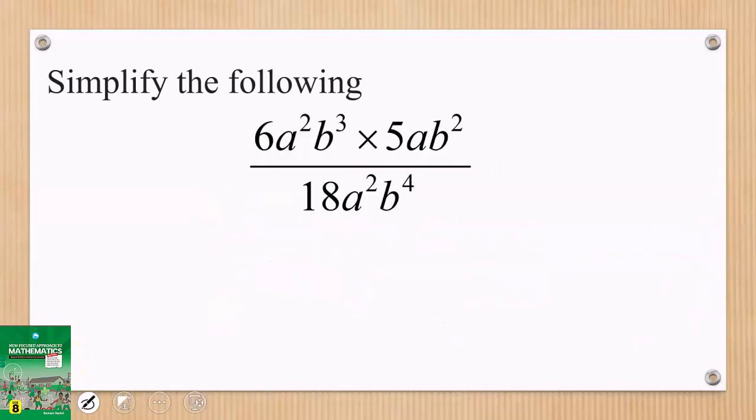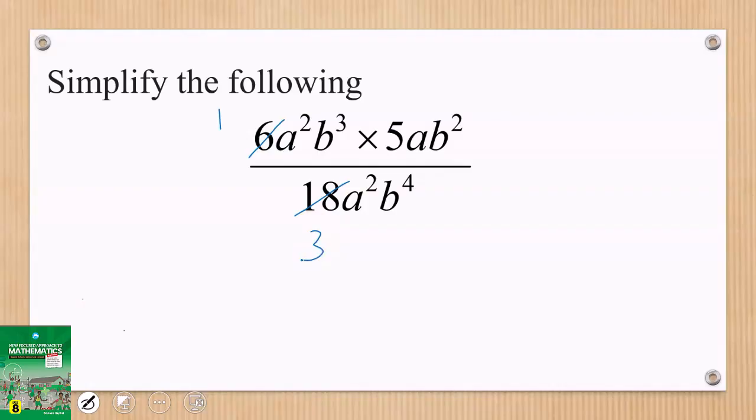Now let's take this last question. Here they've arranged it for us in a division format, so I will suggest we see where we can cancel or where we can multiply. Now I can see that 6 can divide itself as 1, and 6 can divide 18 as 3. That is the first thing I can do.